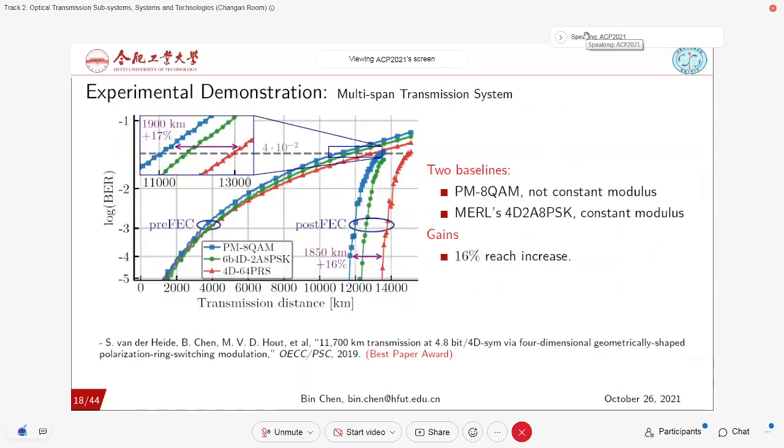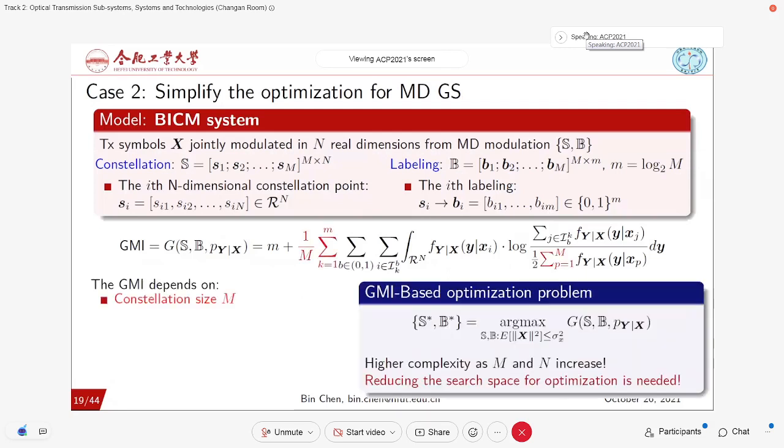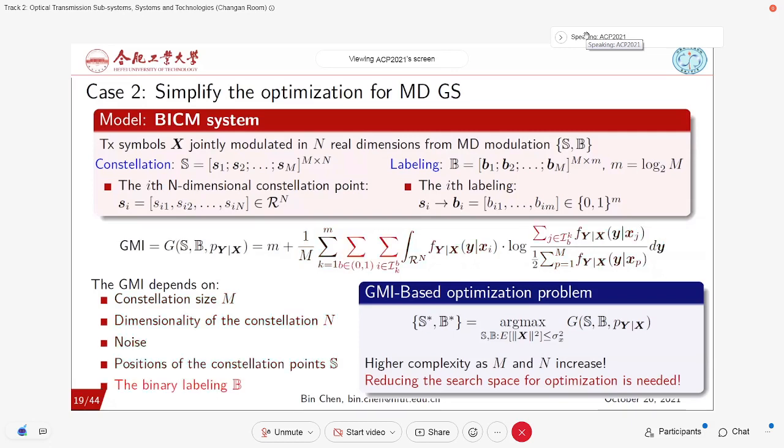And the second example is how to design or simplify the optimization, because if we look at the GMI calculation here, we find the GMI depends on the constellation size M, and also on the dimensionality of the constellation N, and also on the noise and the constellation points and their labeling.